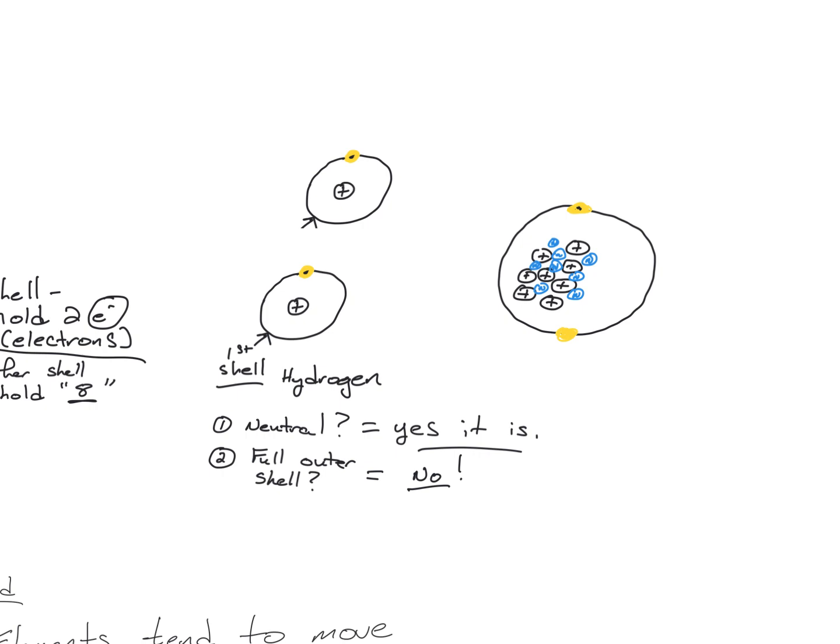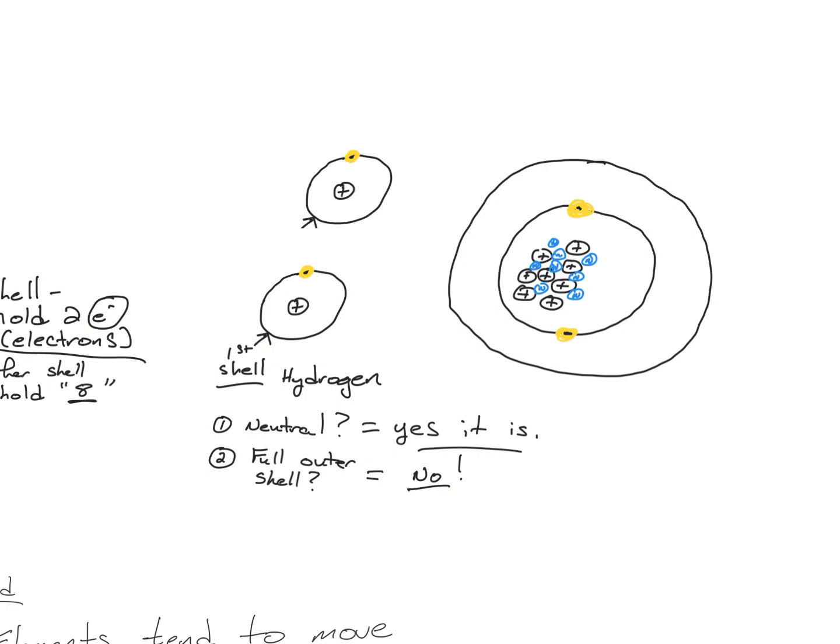How many does this atom need? 8. So we got 2. So how many in the outer shell? No, it's not 4. We need 8 total. We took care of 2 of them. How many more do we have to have? 6.